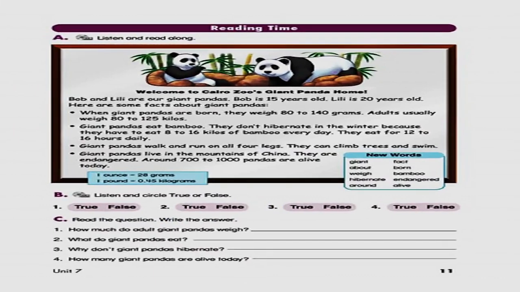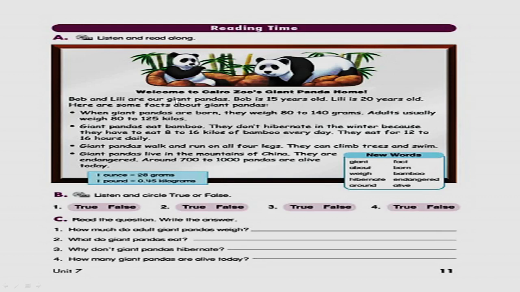Let's move to the fourth lesson. Reading time. It was about the pandas. It was an advert about marketing or welcoming people to Cairo Zoo's giant pandas home. In this lesson, we learned some facts about pandas.